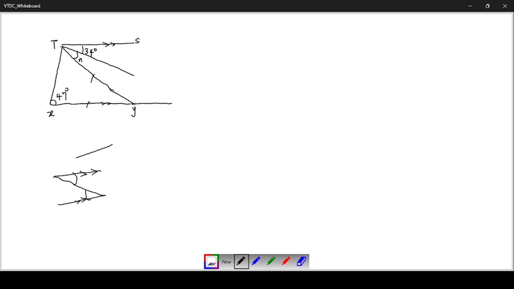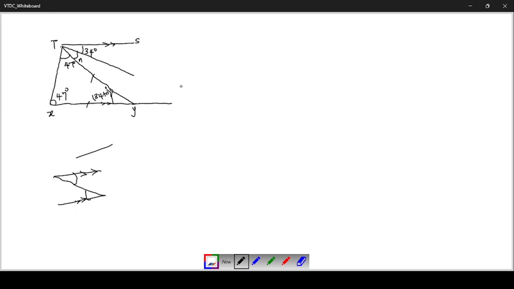Invariably, here is equal to 34 plus n degrees. And then this is an isosceles triangle, of which if one of the base angles is 47, that means here would also be 47 degrees.